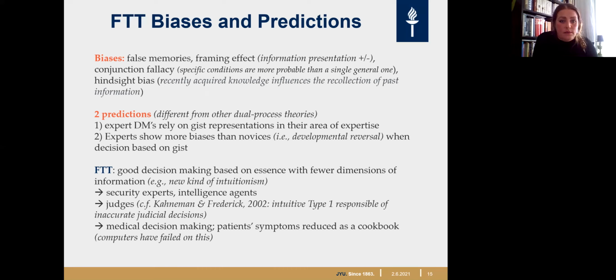So FTT has also been studied in different kinds of experiments with different kinds of expert decision makers. And it is seen as a new kind of intuitionism, because often if we consider decision making, intuition is per se not in favor. But this FTT tries to bring gist representations in as a new kind of intuitionism.